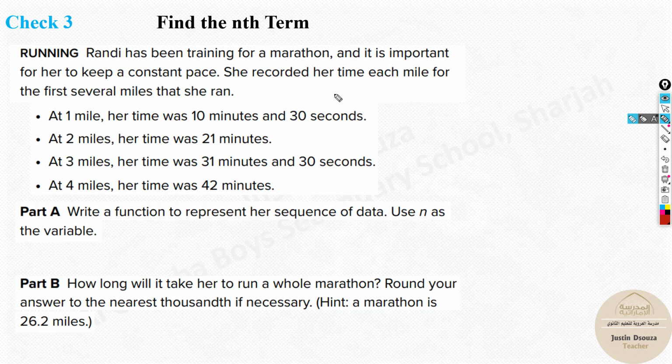So we need to first write the equation, the arithmetic function. The formula is always a_n equals a_1, the first term, plus (n minus 1) d. The first mile, how much time? She starts with 0.